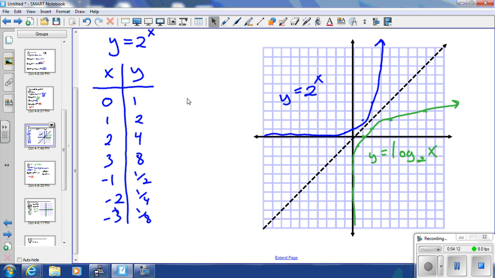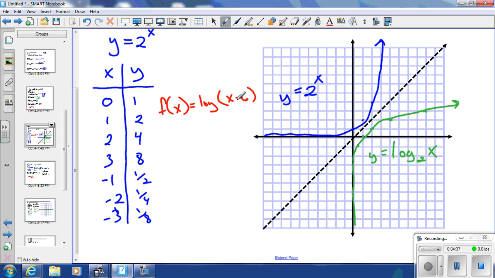So if I have a function that I'm graphing, say for instance, f of x equals log of, say, x minus 6. Well, this is the same thing as a horizontal shift.